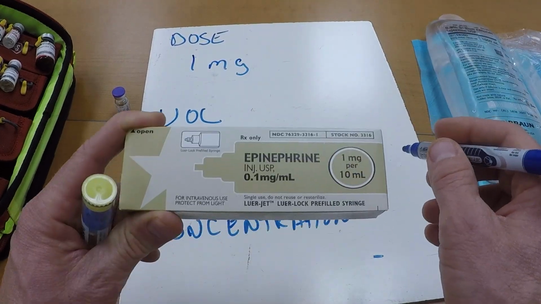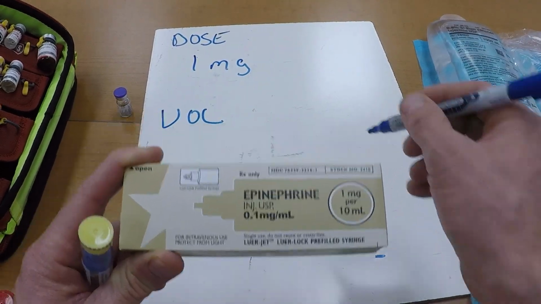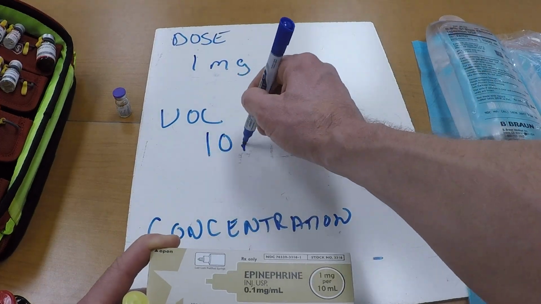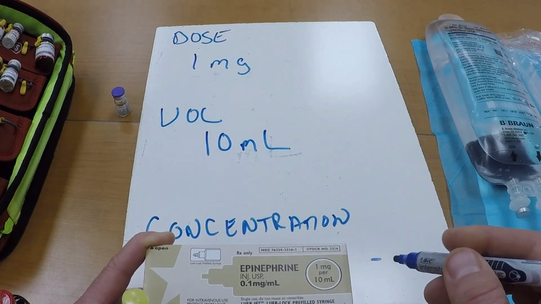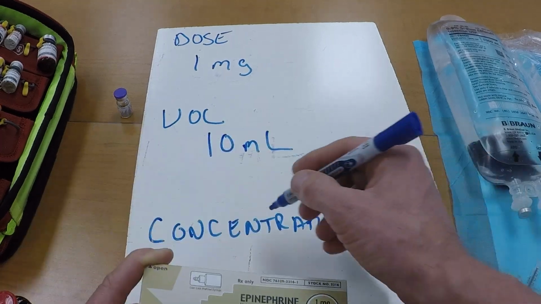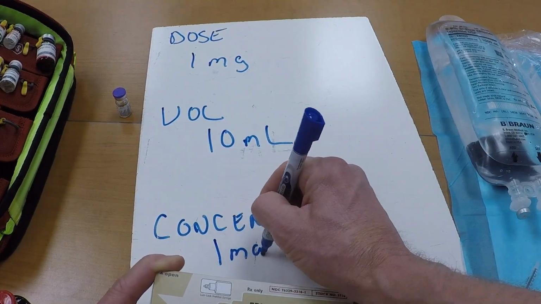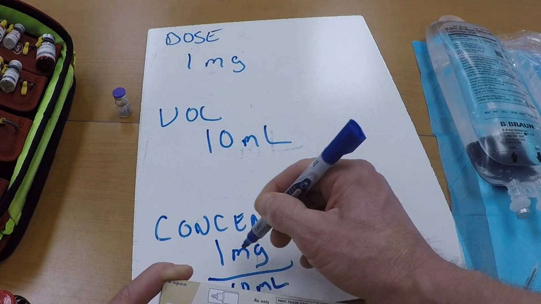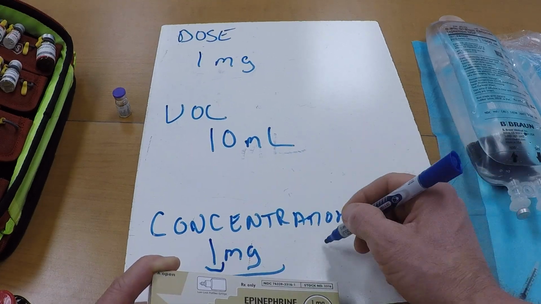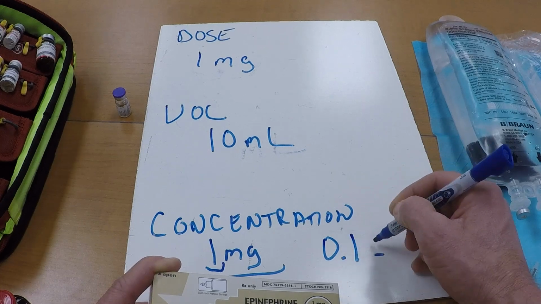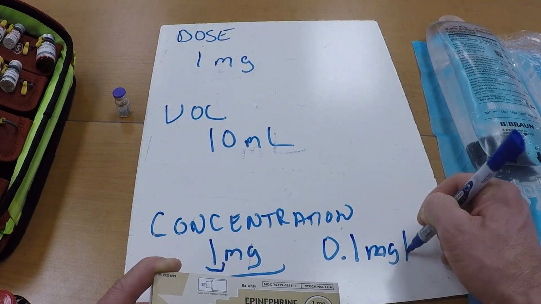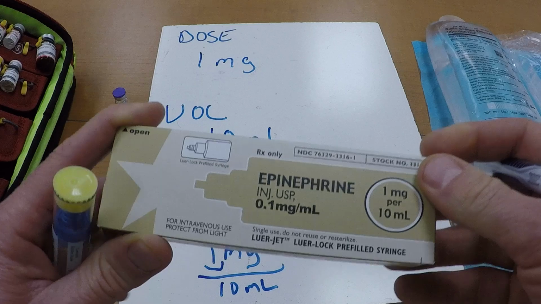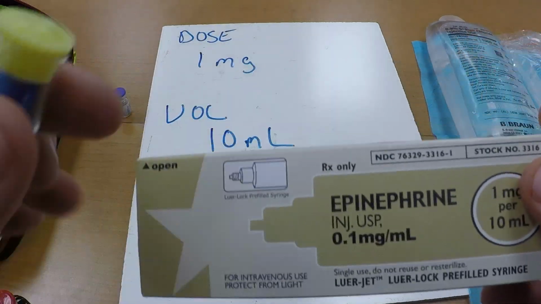And the volume of this is 10 milliliters. So if we have 1 milligram in 10, we're going to move the decimal point over, that is going to be 0.1 milligrams per milliliter, which you can see there when you open the box.